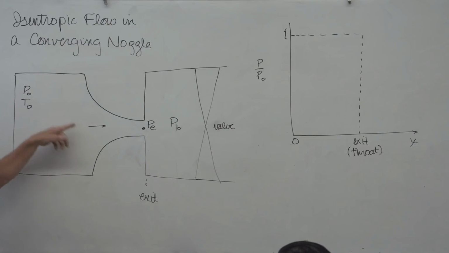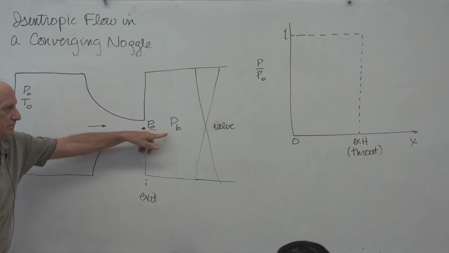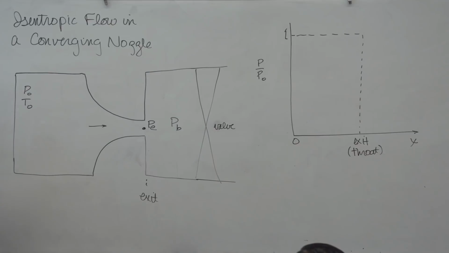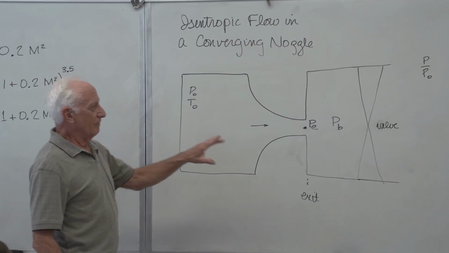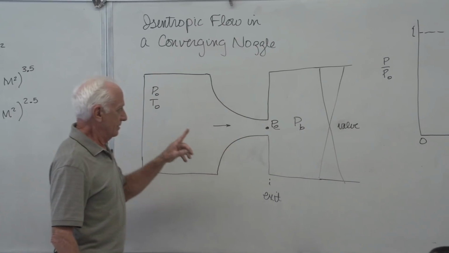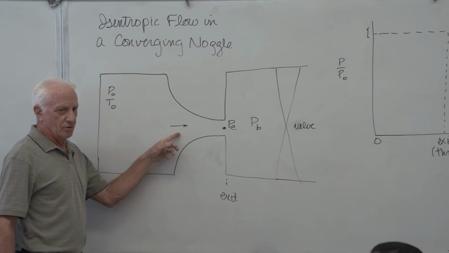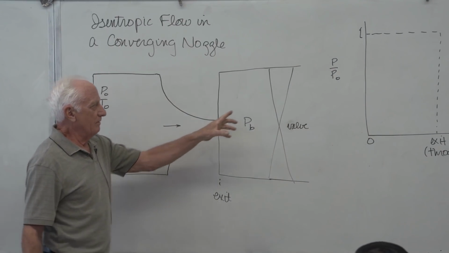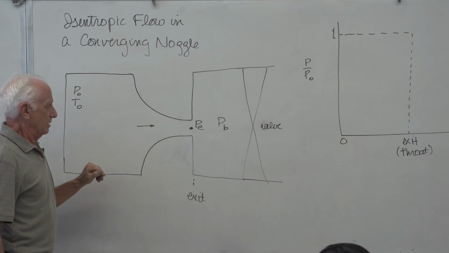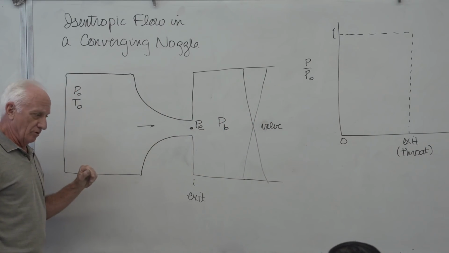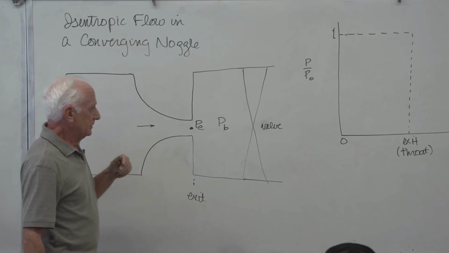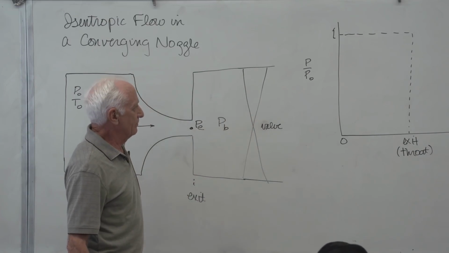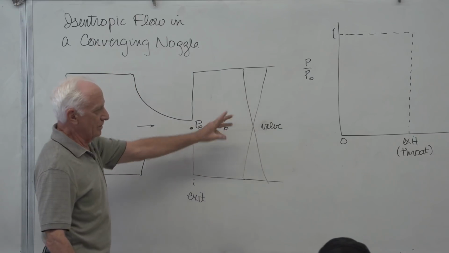P naught everywhere. P naught, P naught, P naught, P naught, P naught. Because there's no flow. Now you crack the valve open. Some flow starts to go through. Does the pressure change now? Oh yeah, of course it does. Open the valve some more. Does the velocity change now? Oh yeah, more flow, more flow. Does the pressure change? Of course it does. Okay, so we play that game. To vary the flow rate, open or close the valve.